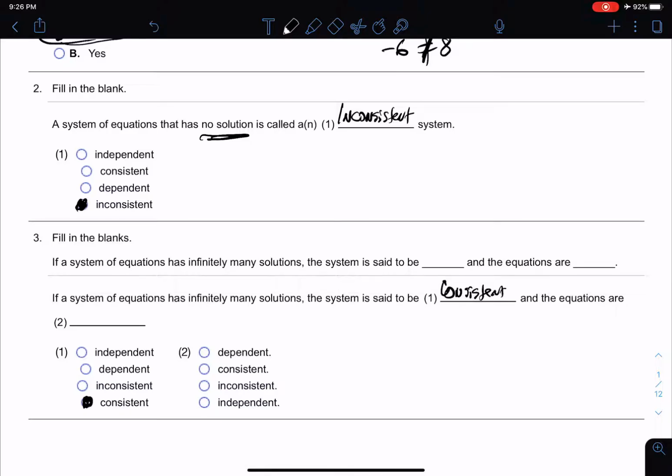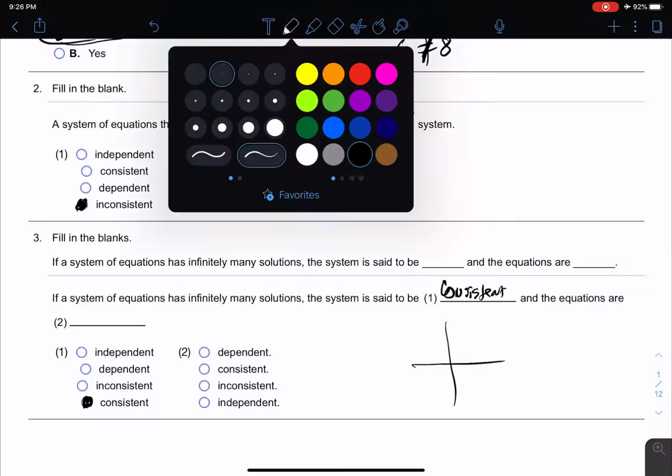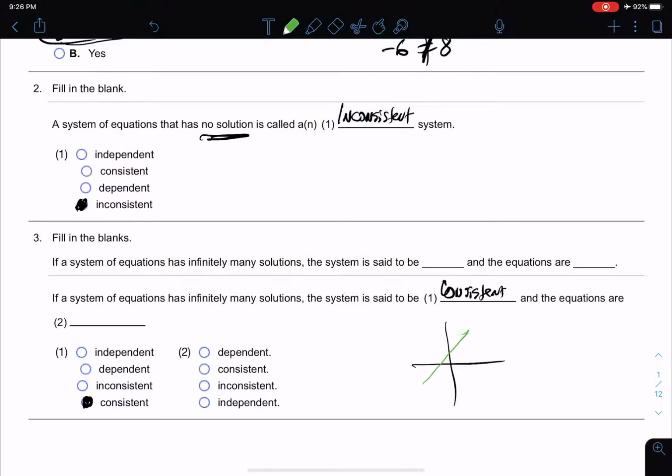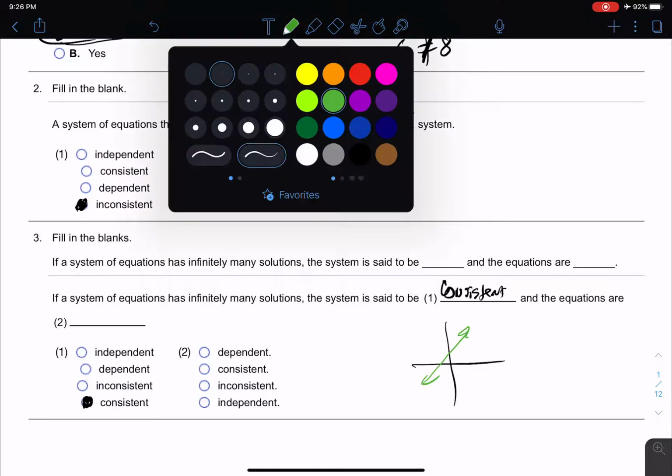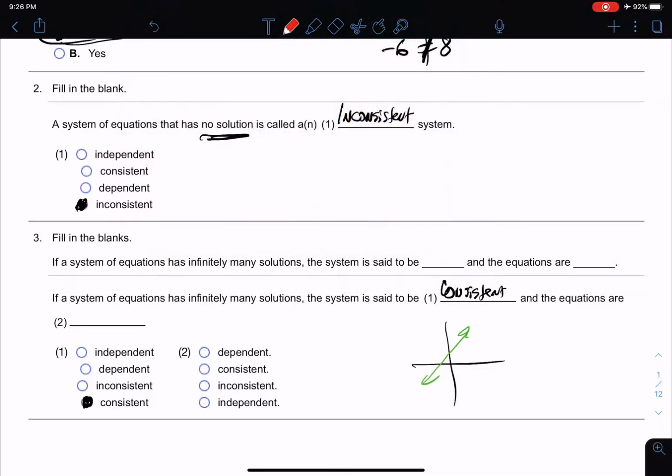But if it has infinitely many solutions, that's the situation where you have one equation there, and it turns out when you graph the next equation, it happens to be the same exact line, right? So are these dependent or independent? They're dependent. They're the same exact line, so they're dependent.